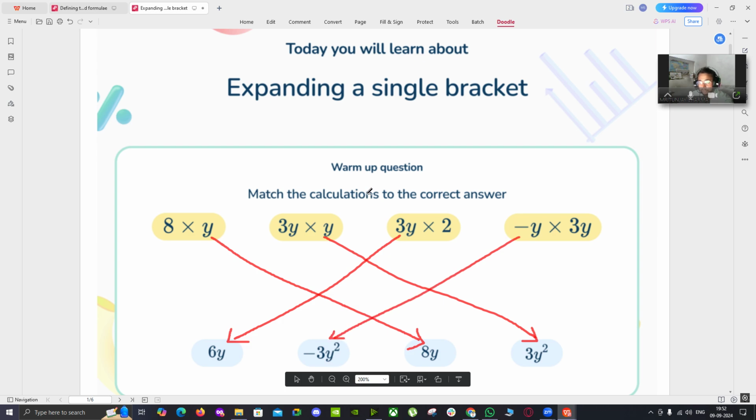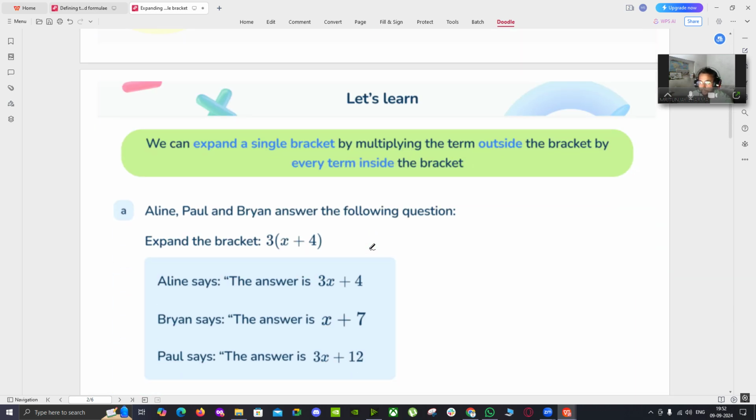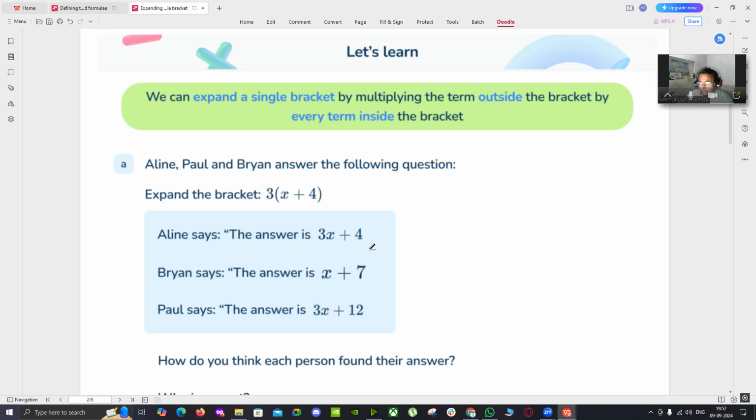Now that we are done with the warm-up question, let's learn more. In algebra, we can expand a single bracket by multiplying the term outside the bracket by every term inside the bracket. Let's see this example. Aline, Paul, and Brian answer the following question.